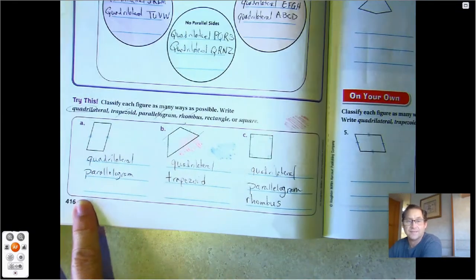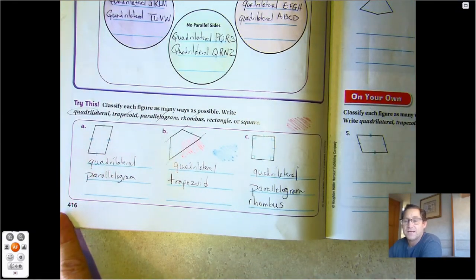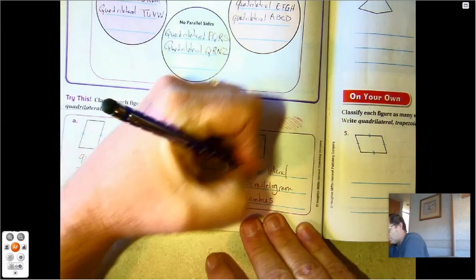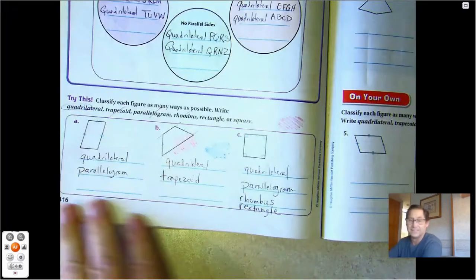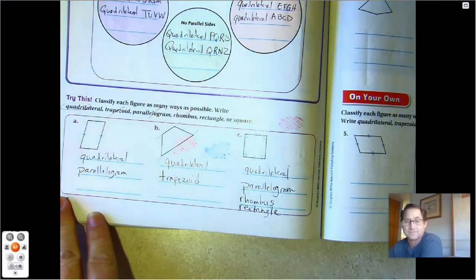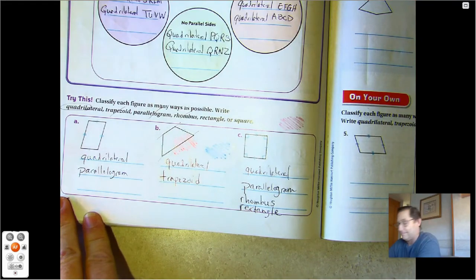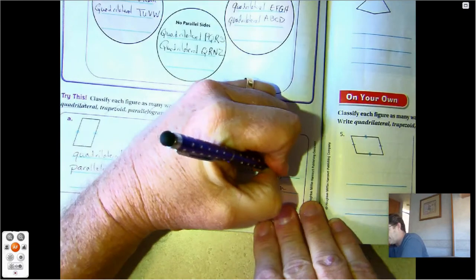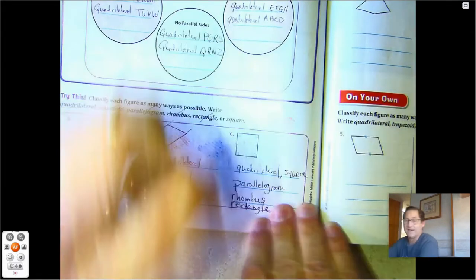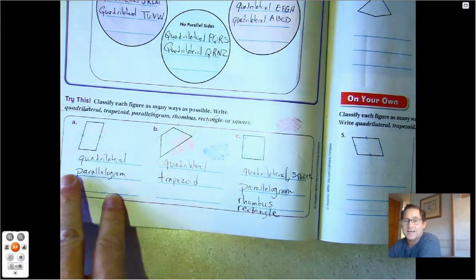A rectangle has two pairs of sides of equal length and four right angles. So this square is also a rectangle. It has at least two pairs of parallel sides. All right, and square. Well, this is definitely a square.